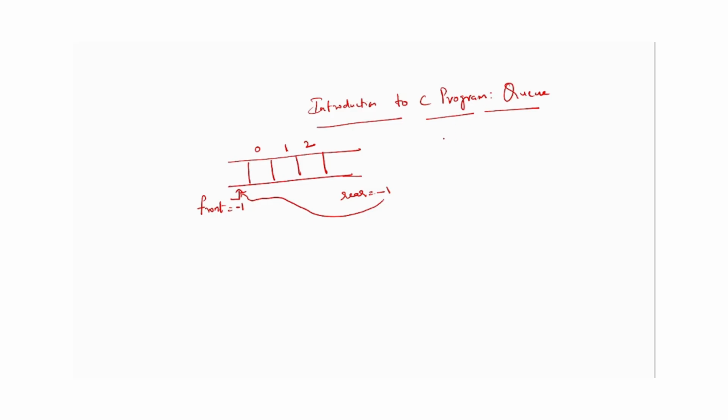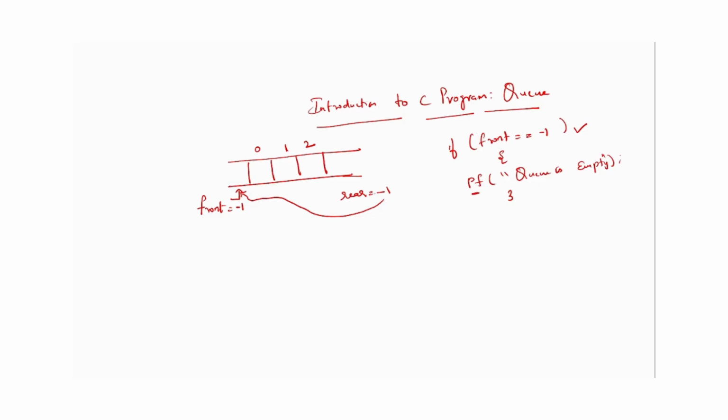So front equal to -1 and rear equal to -1. So I can clearly say that if front equal to -1, then we can clearly say, printf, queue is empty. Why is this condition necessary? Because whenever we are trying to dequeue elements from a queue, we need to check whether the queue is empty or not.